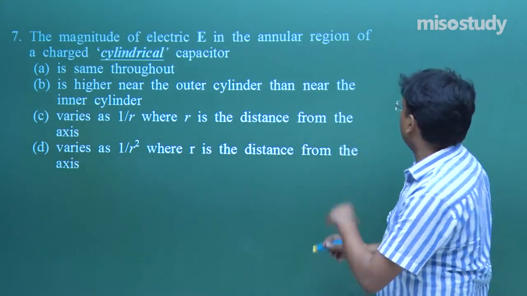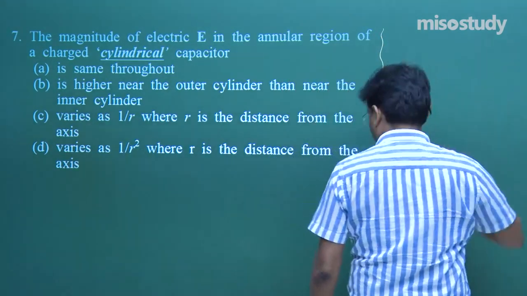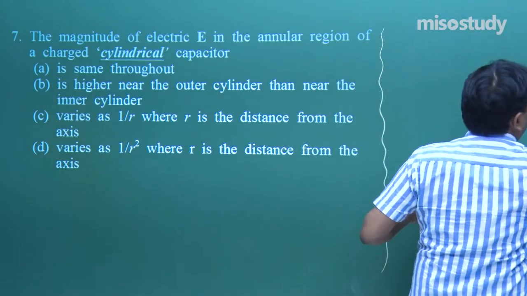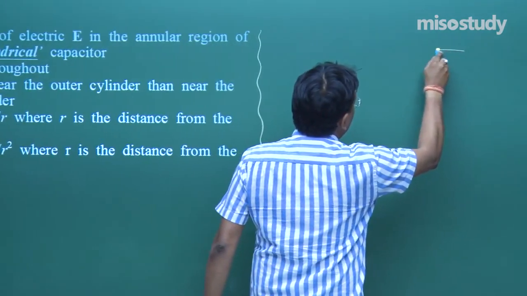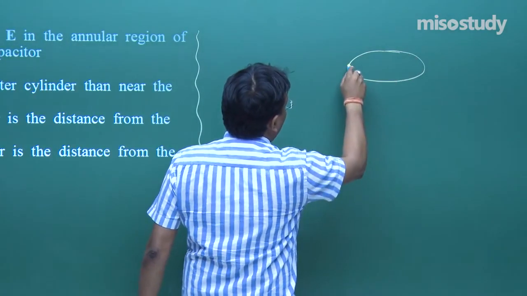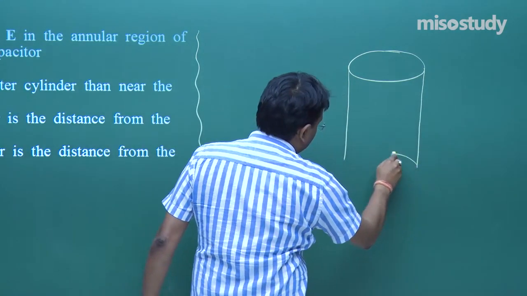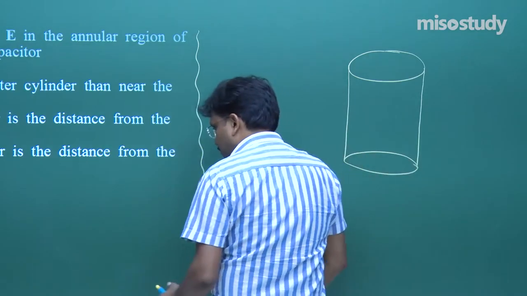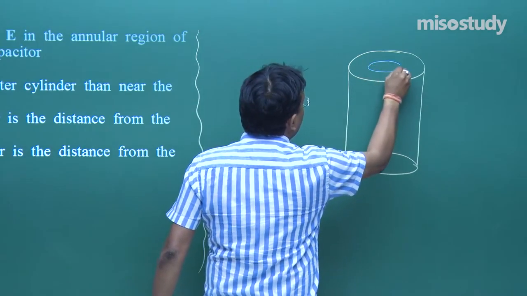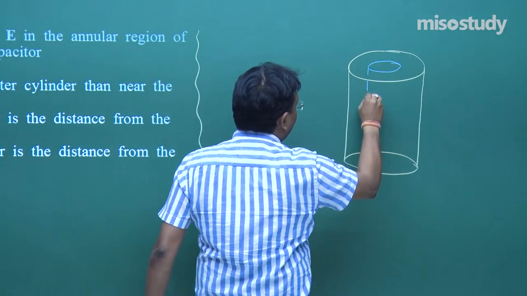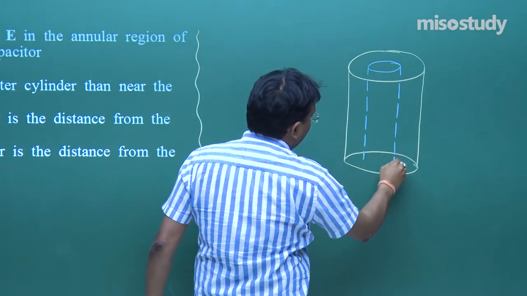What is the meaning of annular region? It is like that, it is the outer cylinder, and in this outer cylinder this blue color is the inner cylinder, dotted because it is from inside.